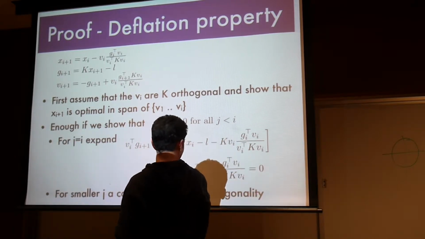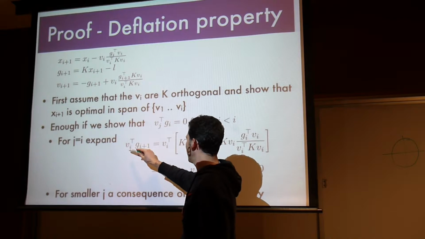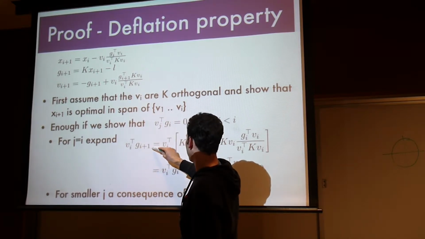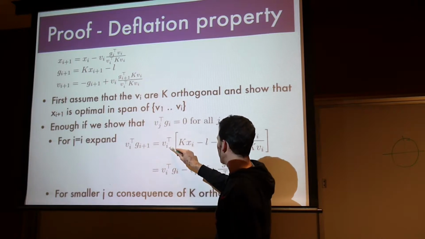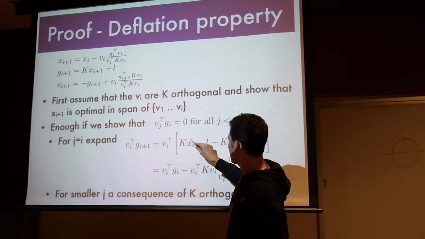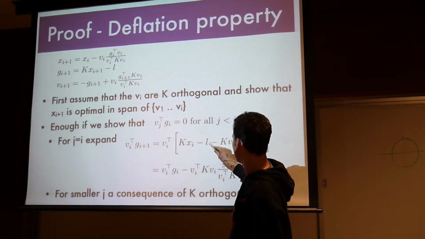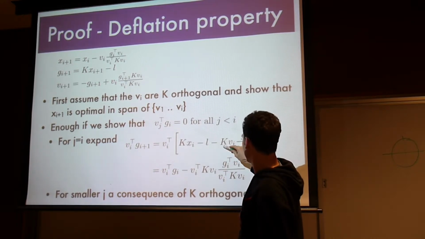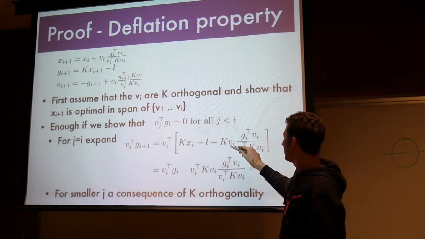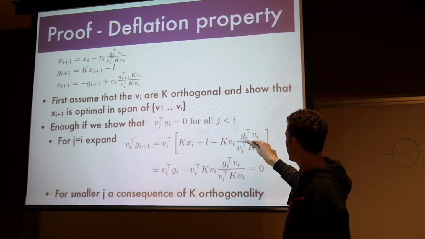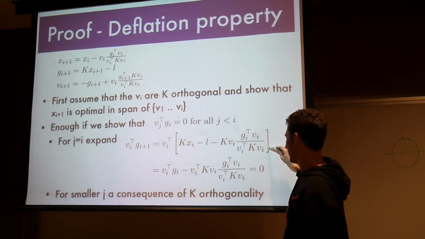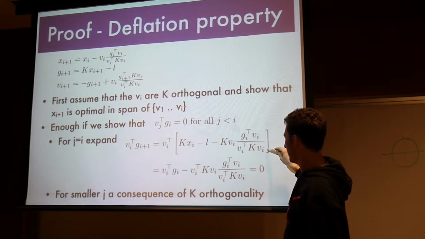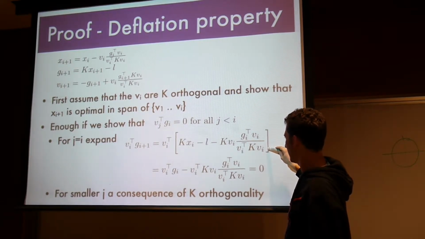But for j equals i, let's actually write it out explicitly. So vi transpose gi plus 1. That's vi transpose times gi plus 1, which is just k times xi minus L minus whatever update we perform. So that's k times vi times gi transpose vi. Now, let's just plug terms back in.